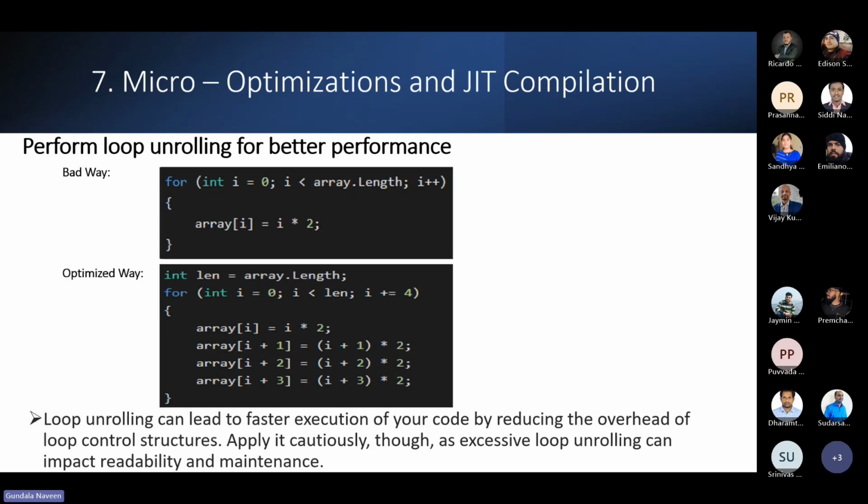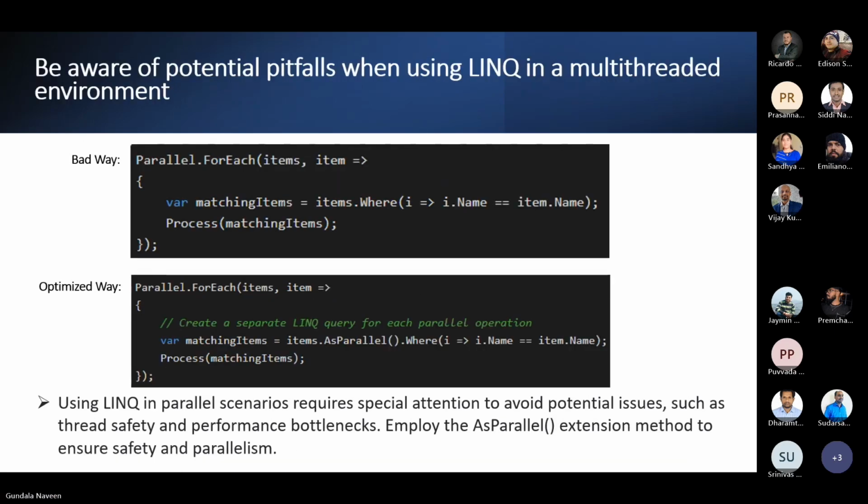This technique, we can follow for thousands, and even if it has to loop for 1,000 objects also, we can use a similar kind of technique. That's one thing. This technique is called loop unrolling for better performance.